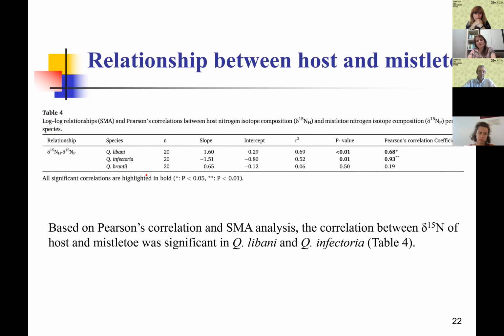Based on Pearson's correlation and SMA analysis, the correlation between delta 15N of host and mistletoe was significant in Quercus libani and Quercus infectoria. Here you can see the Pearson correlation and SMA in our software.